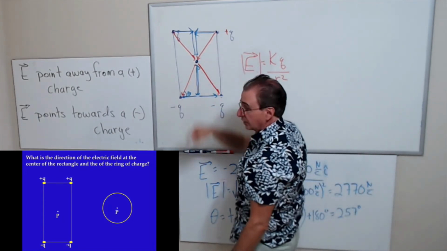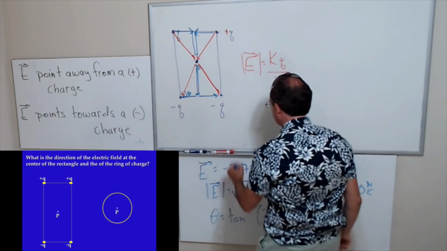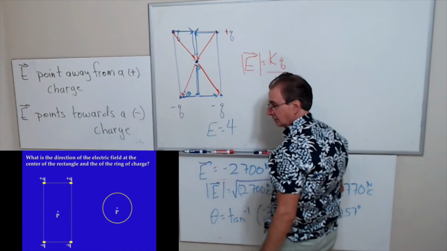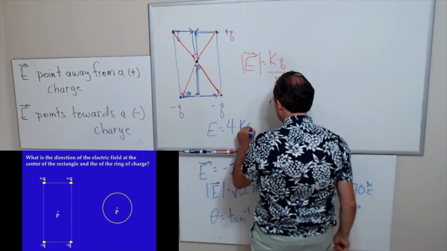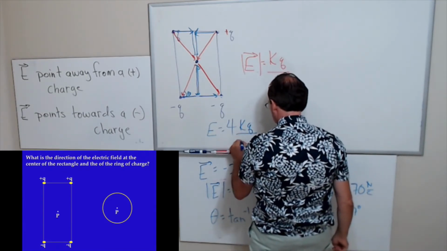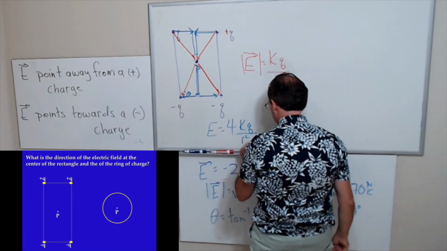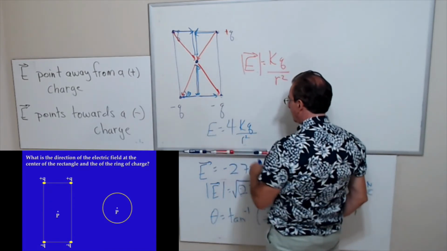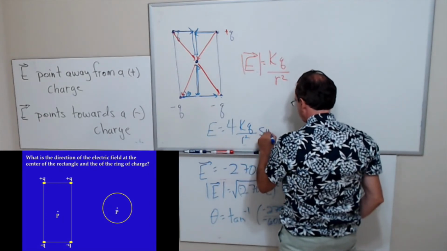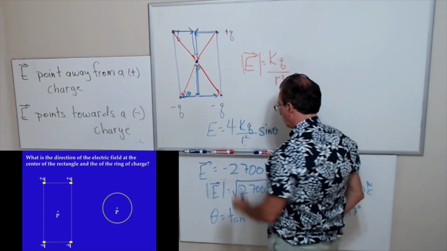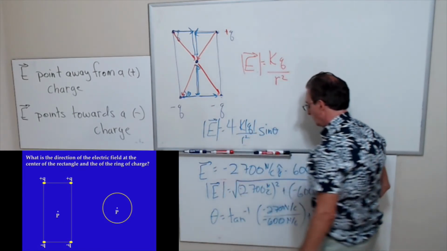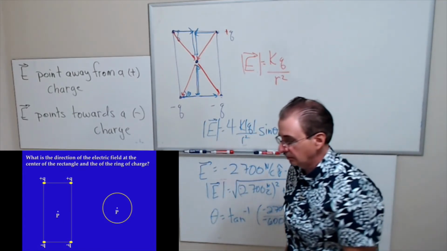But the y components all point straight down. So my total electric field is going to be 4 times the y component of the fields due to one of the charges. I'm done.